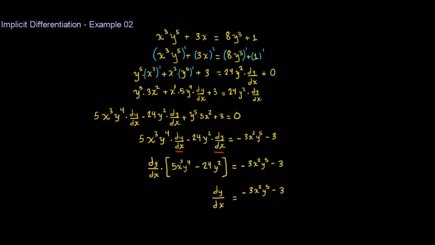This will be over, a nice line, and this term we got here. There it is. And with this, we are done. This is the final solution for this implicit derivative. Hopefully this was useful for you. That was the second example.